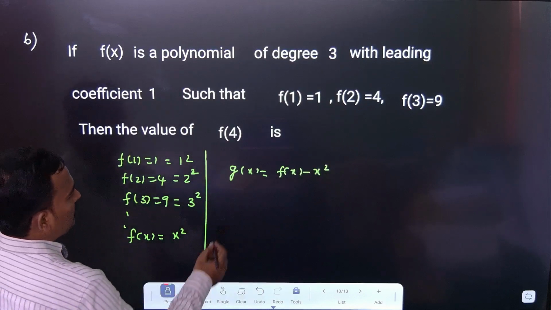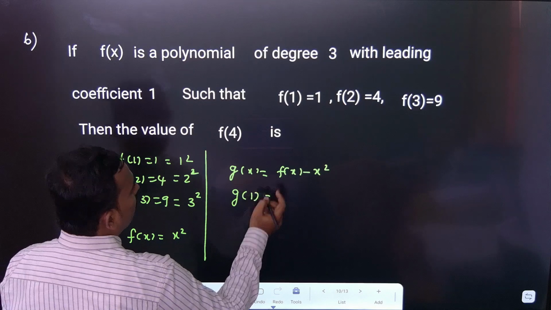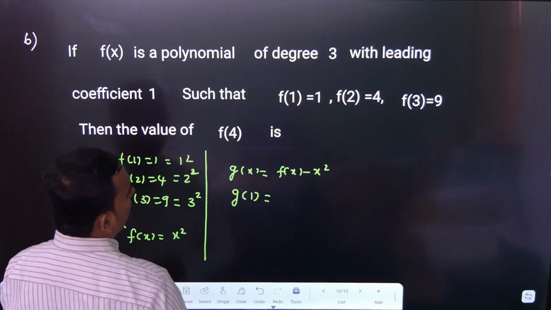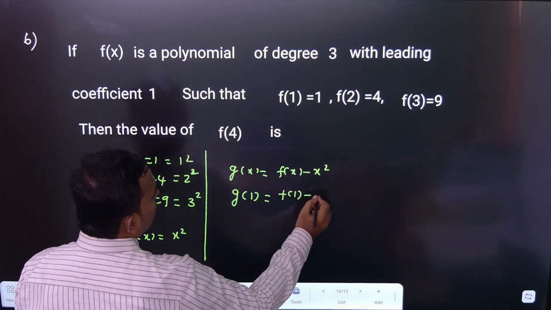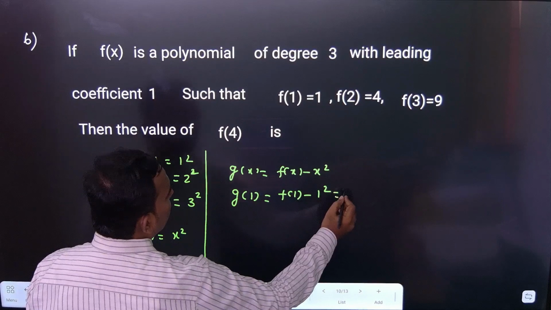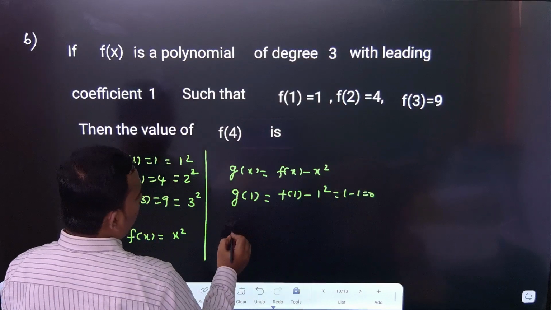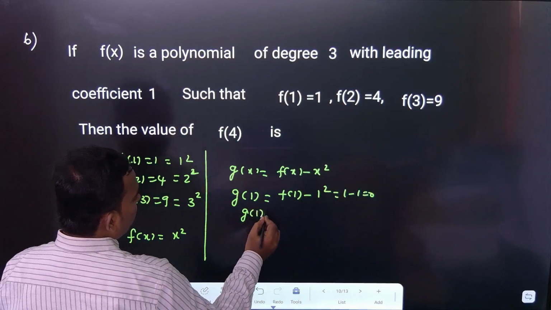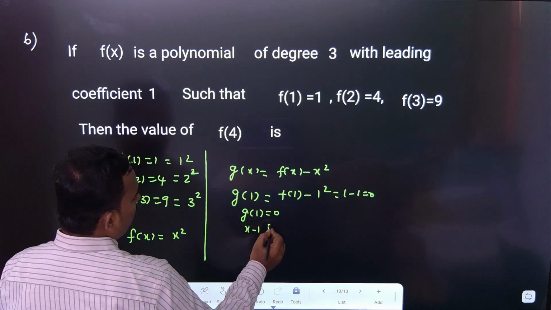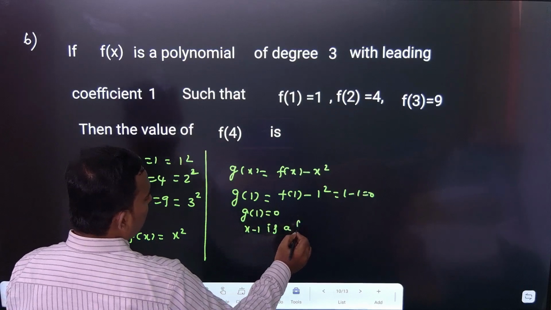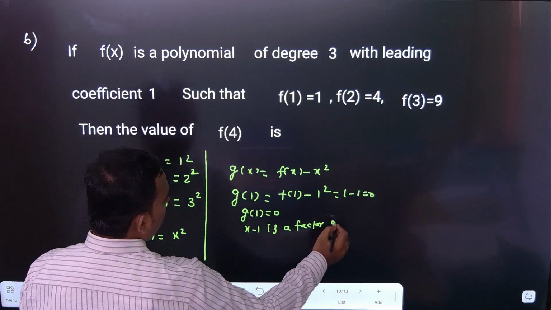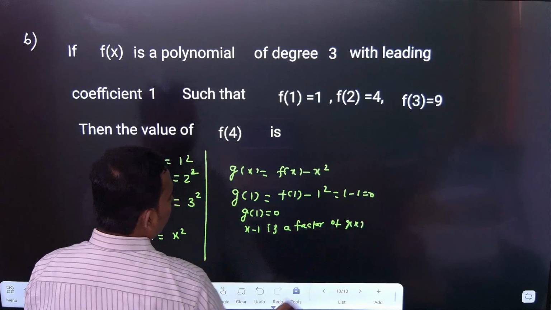Clear? Just substitute 1. g of 1, you can see, is f of 1 minus 1 square. f of 1 is what? 1 minus 1, 0. Definitely g of 1 equal to 0 means x minus 1 is a factor of g of x. Clear?